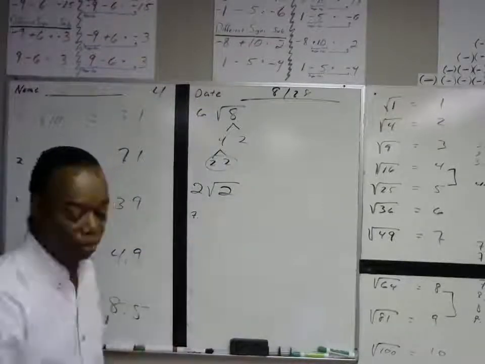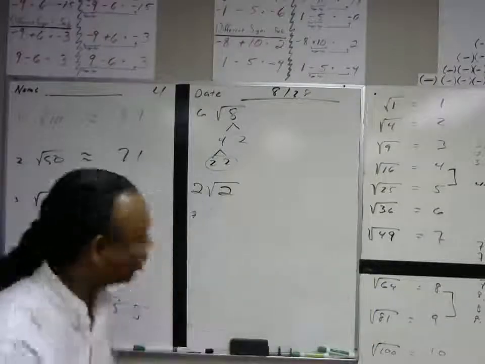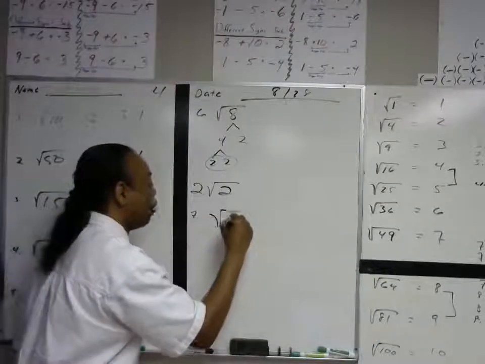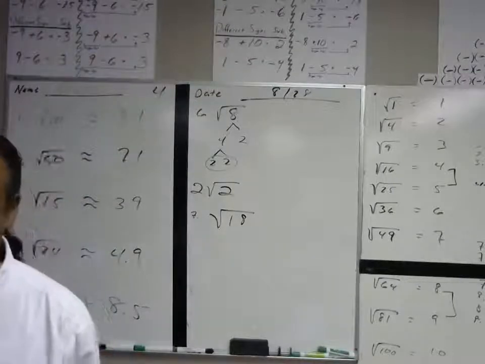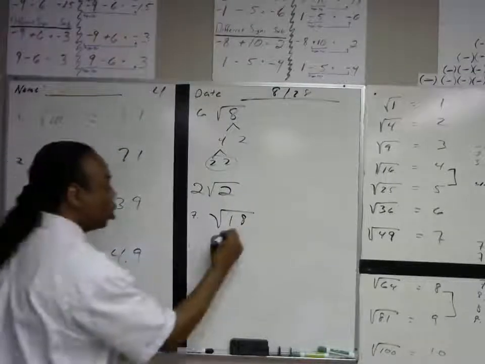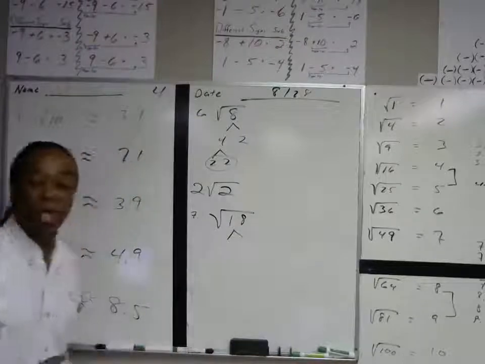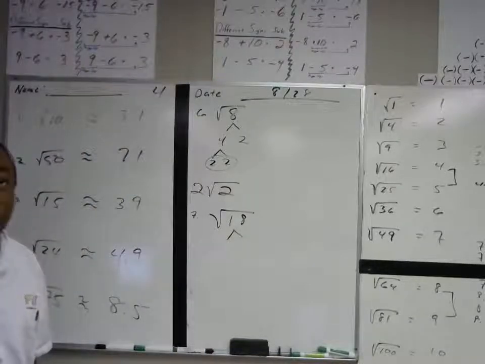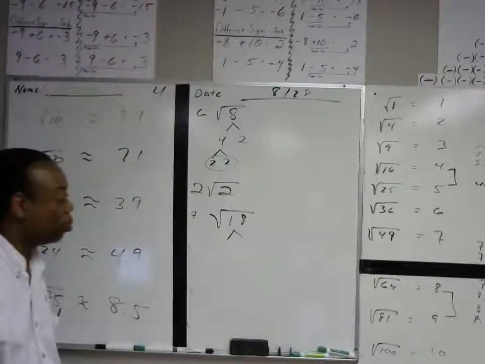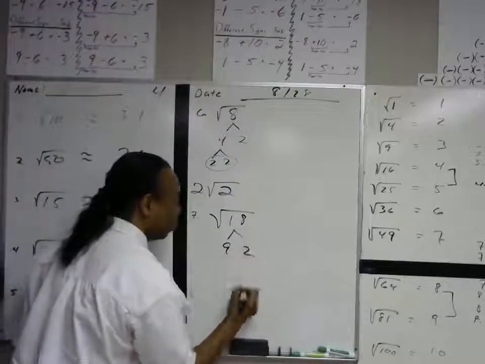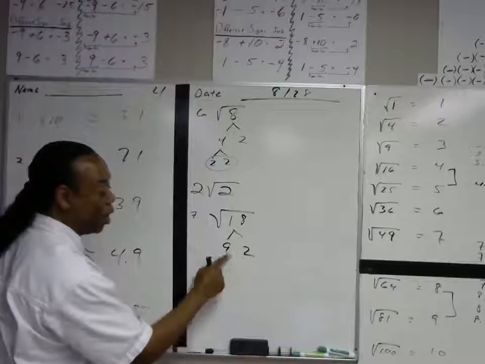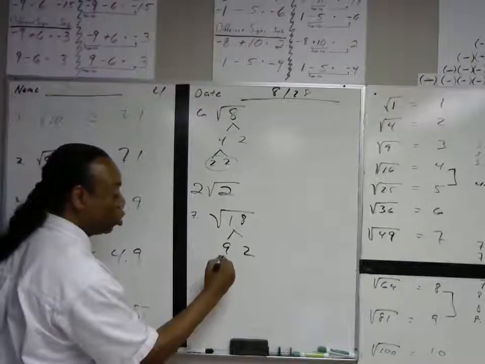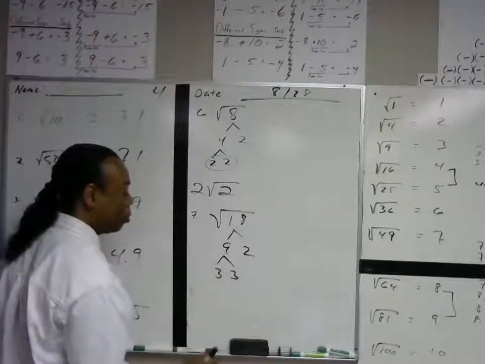Number 7, we have the square root of 18. So I'm going to start factoring that. First question is, what times what is 18? And I'm going to use 9 times 2. 2 is prime, so I can't break that down, but 9, I can break that down into 3 times 3.